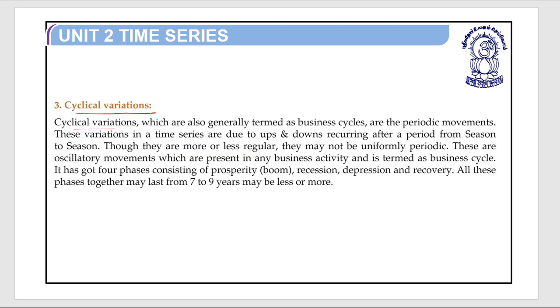Cyclical variations. Cyclical variations, which are also generally termed as business cycles, are periodic movements. These variations in a time series are due to ups and downs recurring after a period from season to season. Though they are more or less regular, they may not be uniformly periodic.